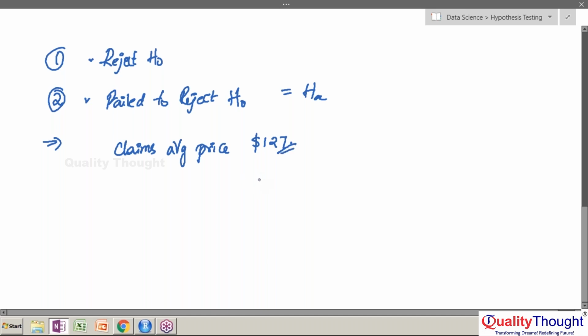A group of students believes that the actual mean is higher. So now you are there to test this belief.